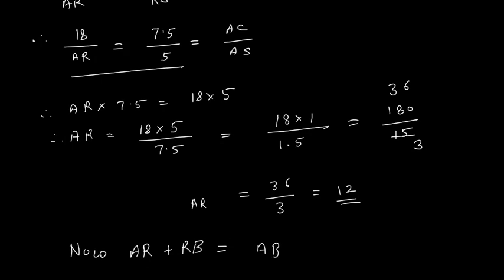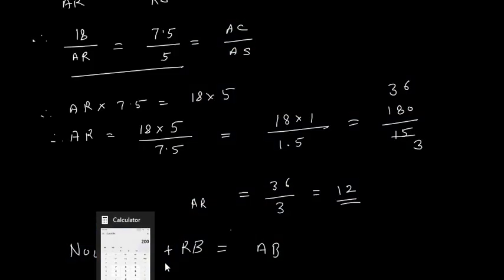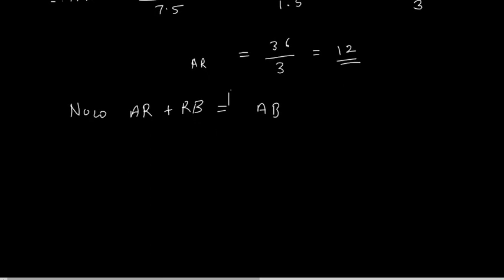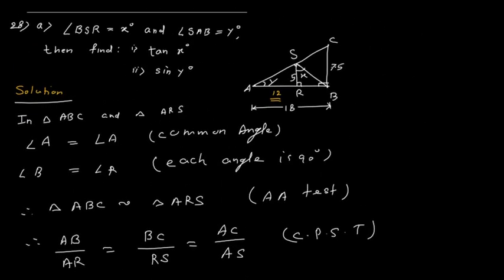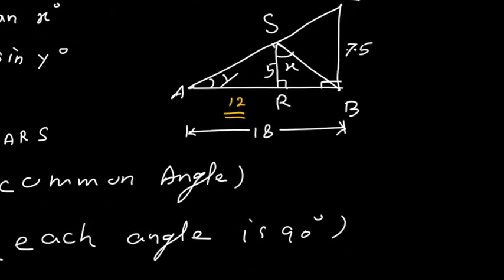The value of AR we got is 12, so I will write 12 plus RB, which we don't know. This whole is equal to 18. Therefore the value of RB is 18 minus 12, which is 6. So here the value of RB we got is 6.